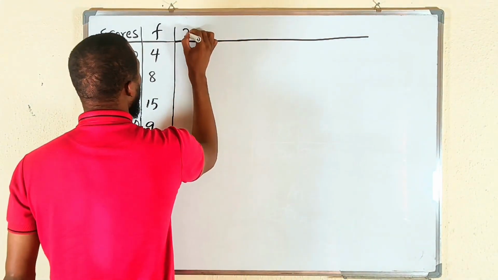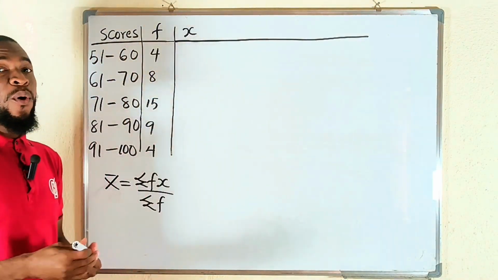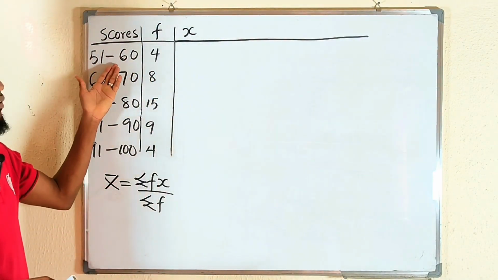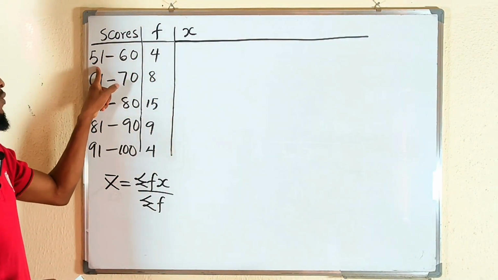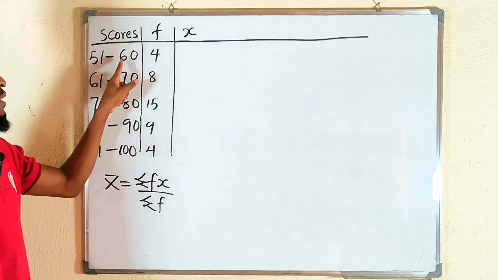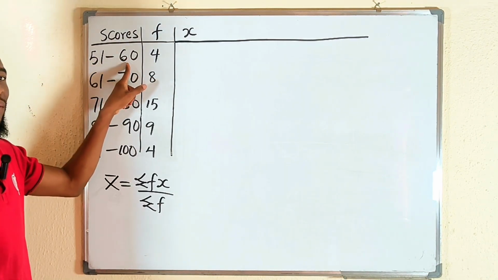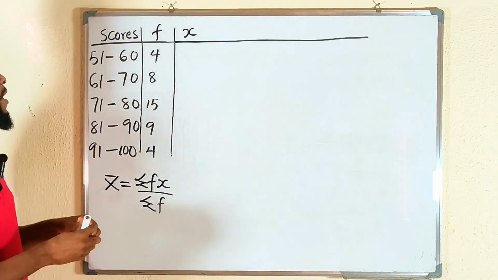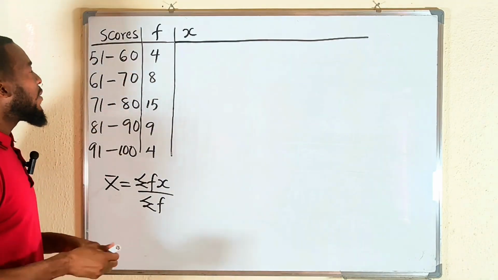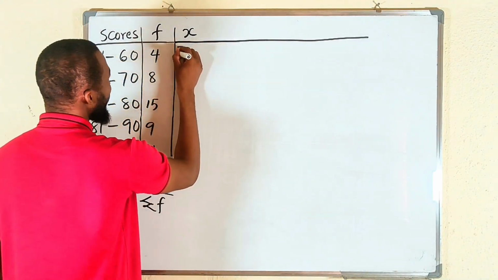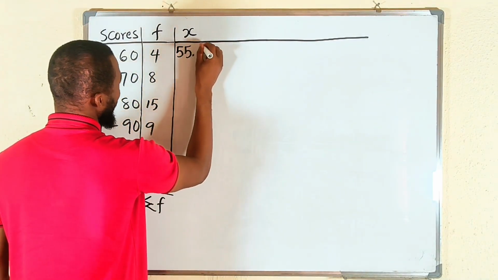So x, what is x? X is the midpoint of your class limits. If you want to get the midpoint between 51 and 60, just add the lower and upper class limits together and divide by 2. If you add 51 and 60 and divide by 2, you're going to get 55.5.